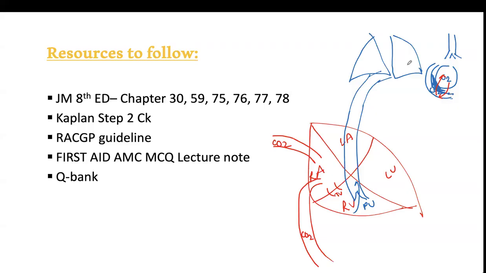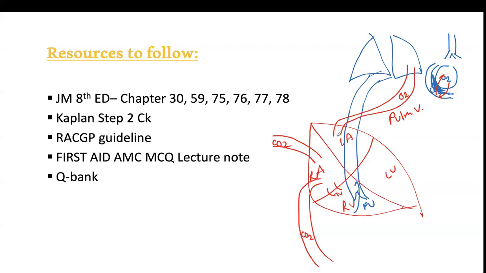So now from the lung, oxygenated blood will come into the left atrium through the pulmonary vein. So now this is oxygenated blood, right?